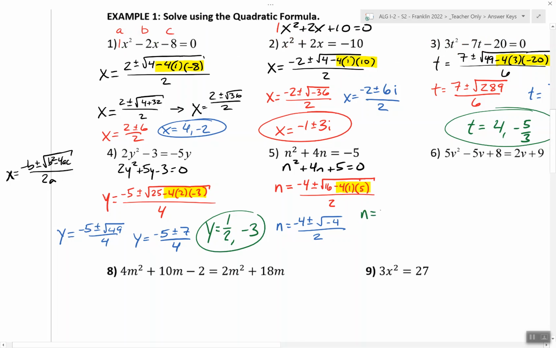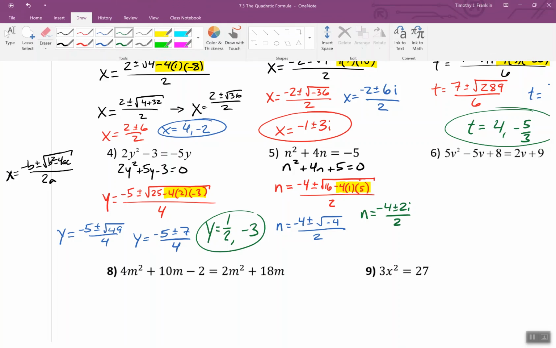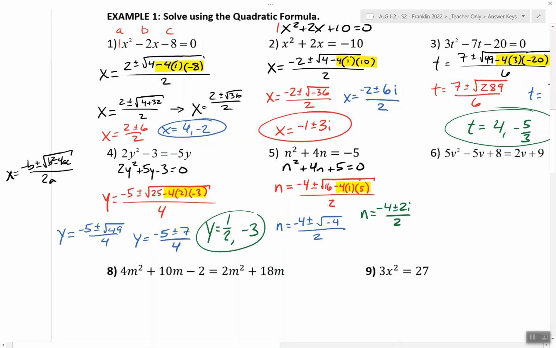So n equals negative 4 plus or minus 2i all over 2. And once again, just like we saw in number 2, we have all these even numbers here, which we can divide by that denominator, which is 2. So n equals negative 2 plus or minus i, and then there would be over 1, but as a fraction, we don't need to put a denominator of 1, so this is it.